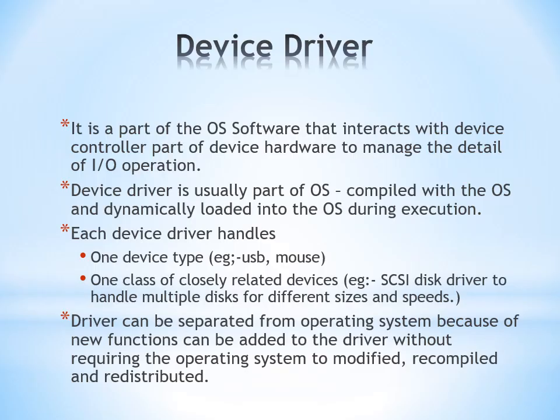The device driver is a part of the operating system that can interact with the device controller, part of the device hardware, to manage the details of input-output operation. The device driver is actually a part of the operating system, which is compiled with the operating system and dynamically loaded into it during execution. Each device driver handles each type of device. Each device has its own device driver, for example your USB, mouse, keyboard, printer, game console, and so on.